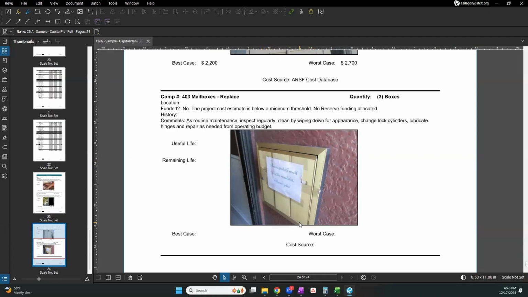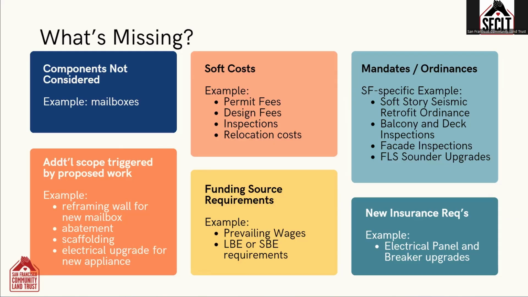In addition to just the cost of the mailbox, we may have to reframe the wall behind. We will need to hire someone to redo the stucco. If there's lead paint in the wall, we might need to abate it. So that information is missing from this report. Let me just drop this report down.